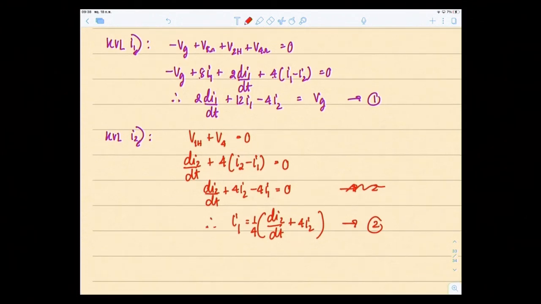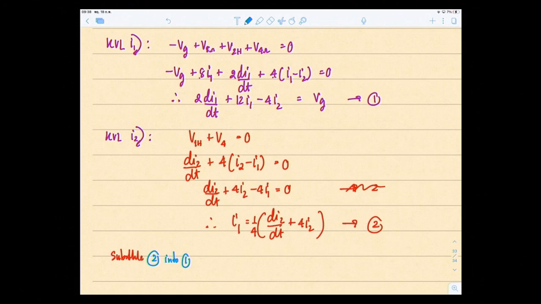This is I1. Now I'm going to substitute equation 2 into equation 1.